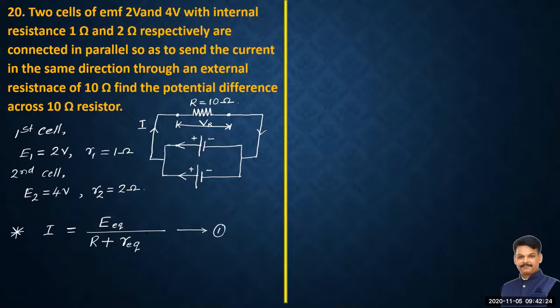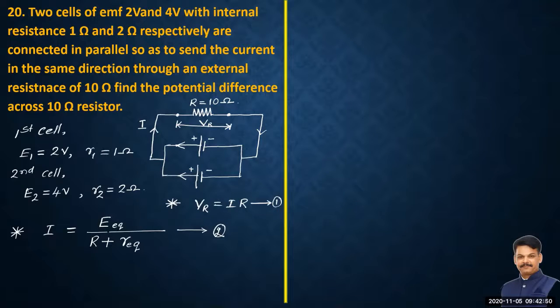If we use this formula, then only I will get I, and if I get I, then I can make use of the formula V = R I. So here VR = I R. This is the first equation, and the earlier one I call the second equation, right?